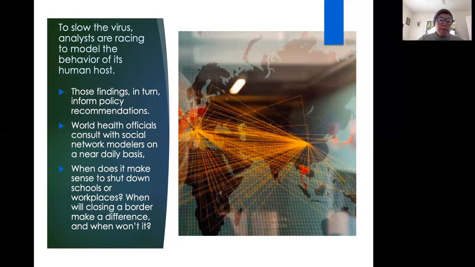And so modeling not the disease itself, but the behavior of the human host is a really new way of thinking about modeling disease. This map on the right is different than the flight map, but is starting to map the network of human interaction.